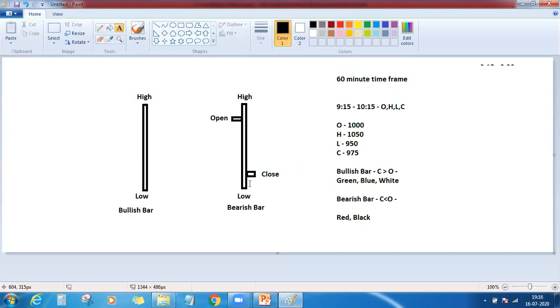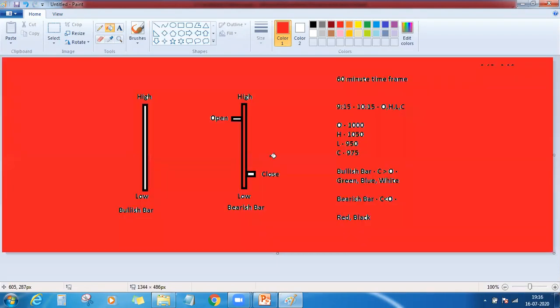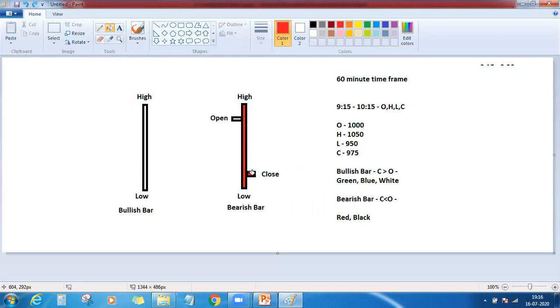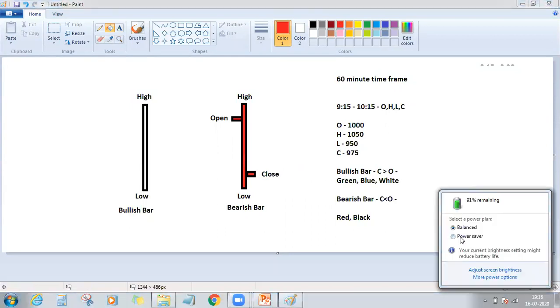Now since this is a bearish bar, fill the body with the red color. The body should be filled with the red color like this. This is your bearish bar.